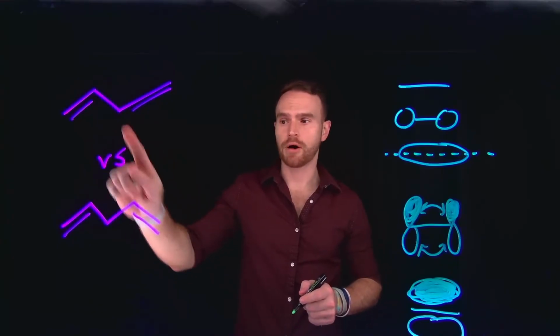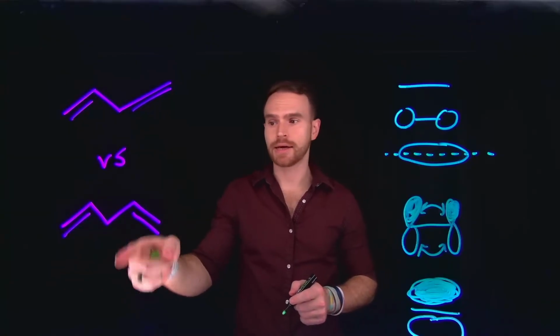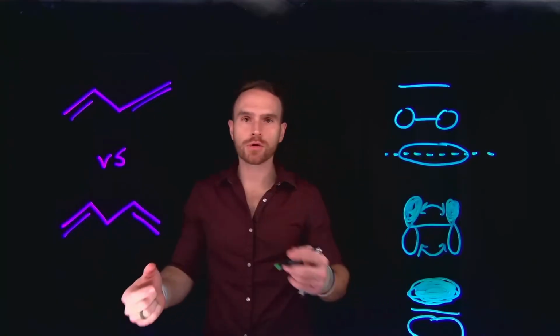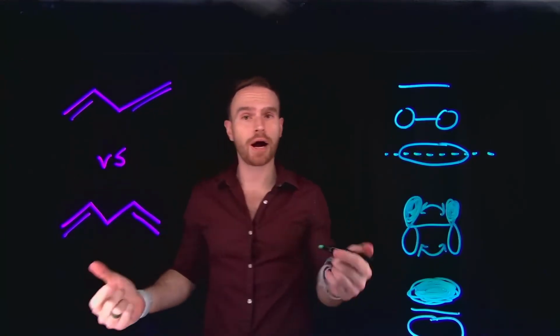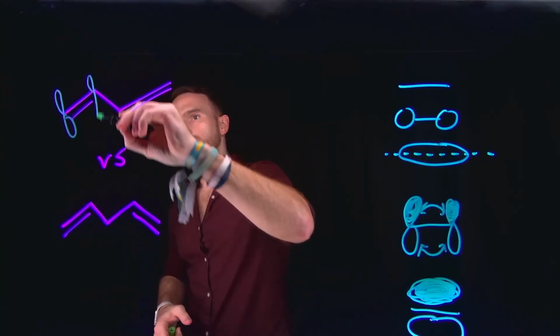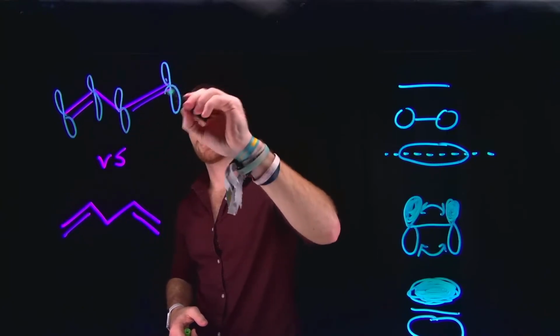So take a look at these 2 examples where we have a conjugated diene, again separated by a single sigma bond, and a situation where you have an isolated diene which contains 2 sigma bonds separating the 2. If we were to draw the atomic orbitals involved in these 2 pi bonds, we would see that there would be a p orbital here and a p orbital here. There's also a p orbital here and a p orbital here.